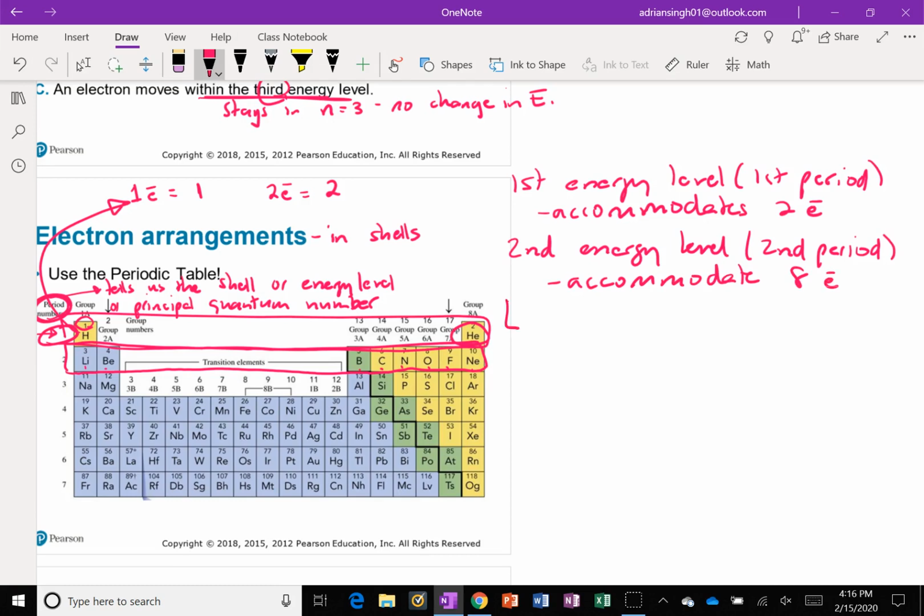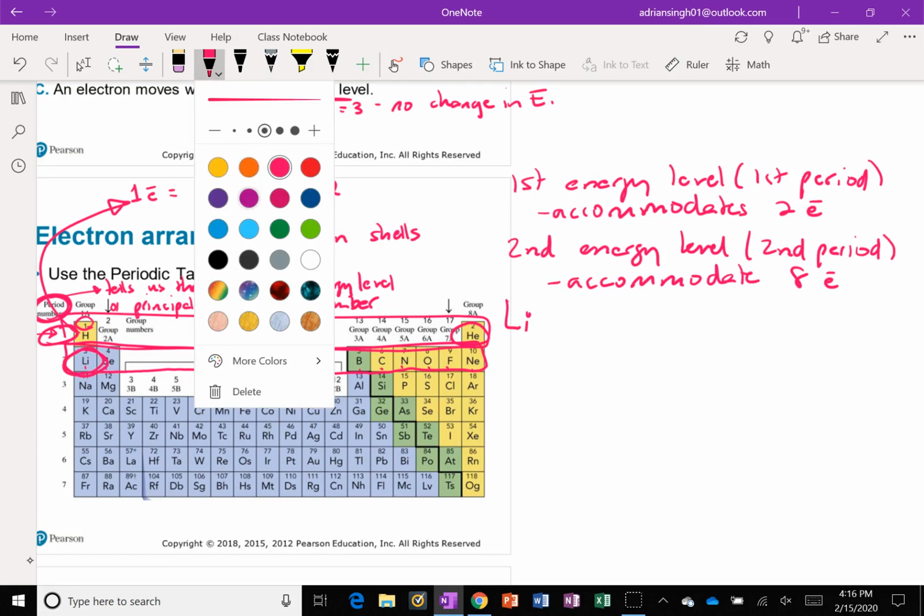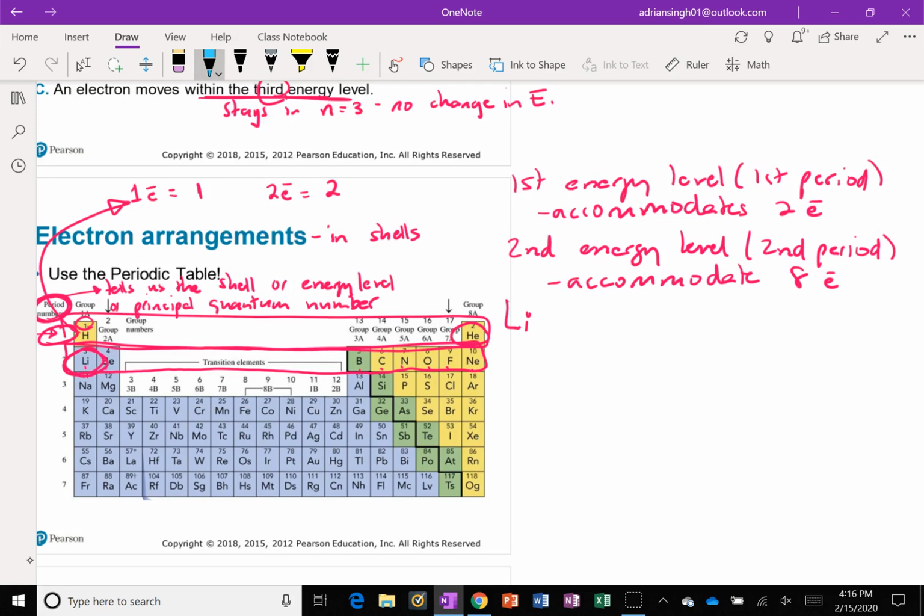So lithium, for instance, when you have to do your electron arrangement, you always start at the top and work your way across until you get to the element in question. We go 2 all the way across, and then 1. So lithium will be 2, 1, and that tells us that there are a total of 3 electrons in lithium.